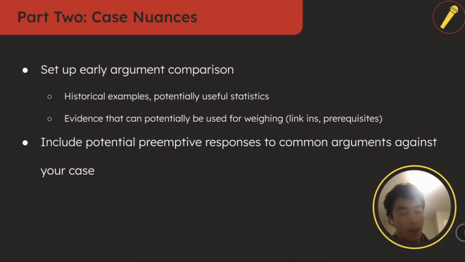For example, if they read a response against your case that your case already responds to, in your summary speech or the speech in which you respond to it, you could simply say, they never addressed this part of our case. That makes things, A, more simple for you, and B, gives you more credibility, since it shows that your argument is very nuanced and your opponent probably mishandled it.